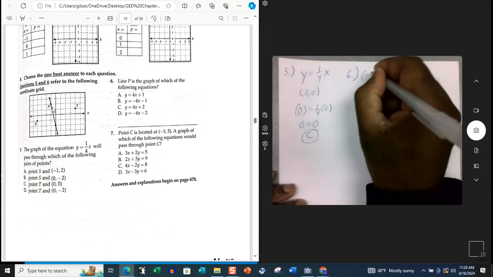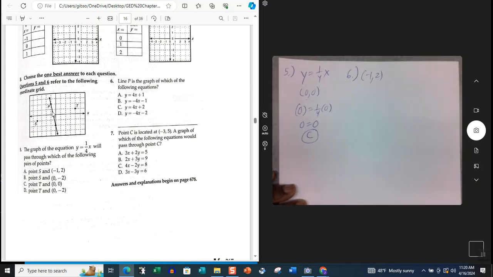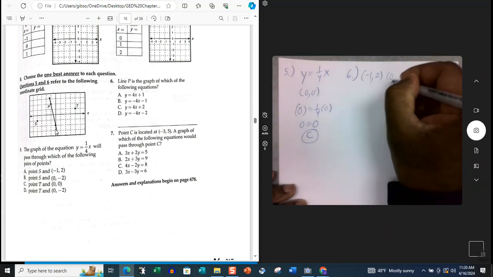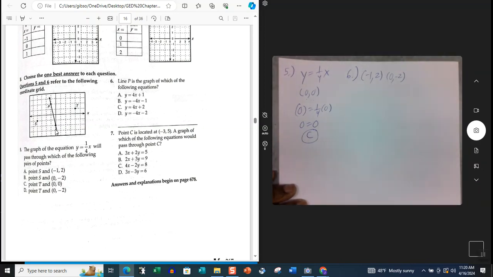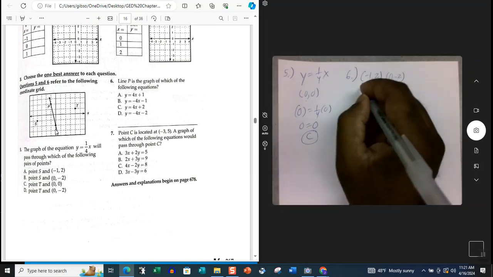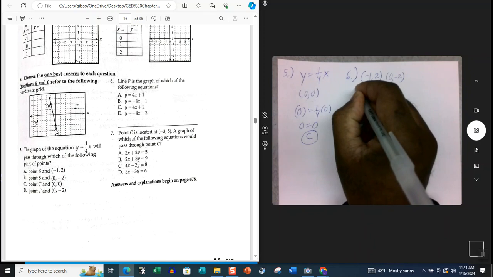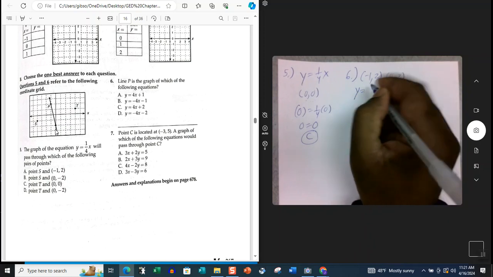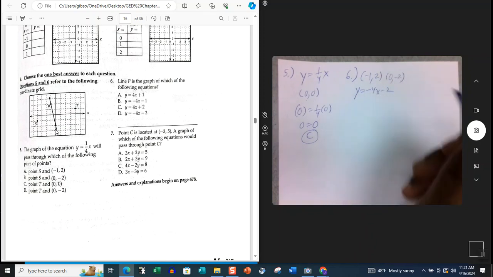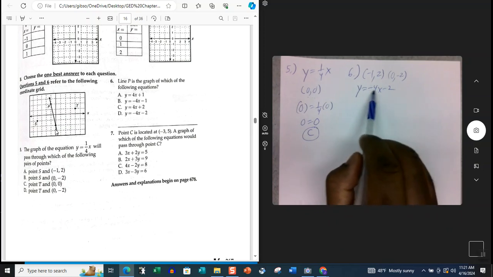So we know one ordered pair is (-1, 2), and then we could take this other point, which is (0, -2). Now we would take these and put them into the equation and make sure that they work. I would tell you the answer is D, but I'm going to show you why it's D.